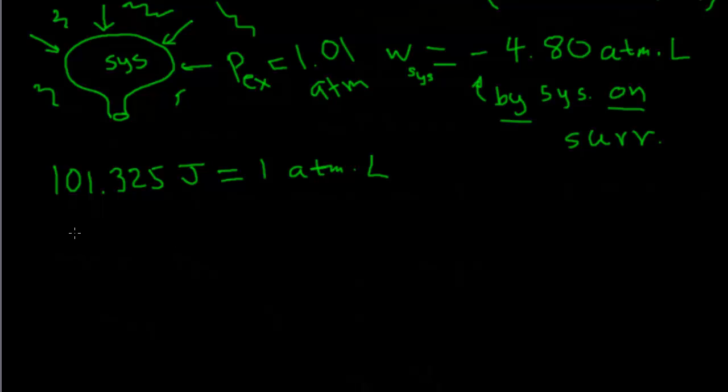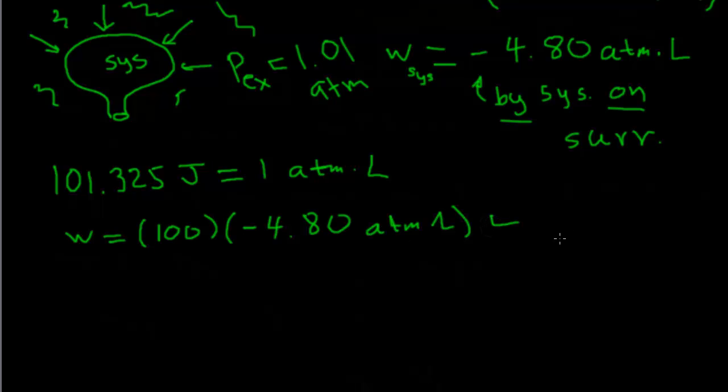Before I do that, let's go ahead and scale this up. We've got 100 balloons, and each balloon does this much work on the surroundings, negative 4.80 atmosphere liters. So that equals negative 480 atmosphere liters.